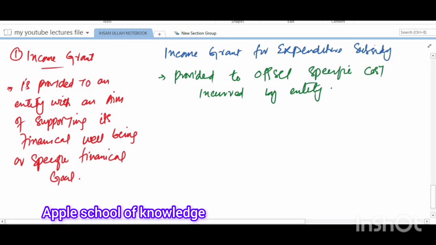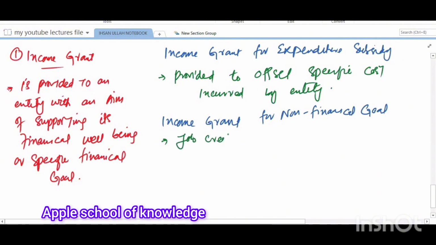And another one is income grant for non-financial goals. The aim for this is achieving goals other than direct financial goals, such as job creation or community development.